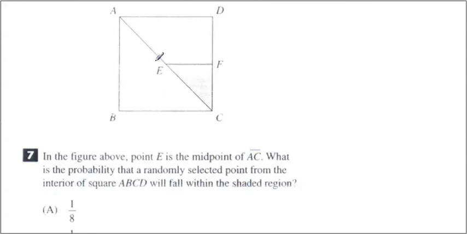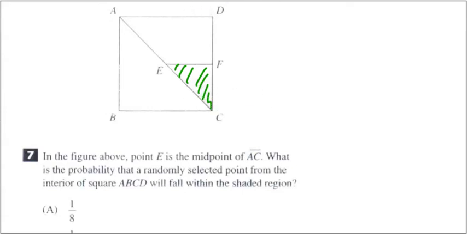So point E is the midpoint of AC, and what is the probability that a randomly selected point from the interior of the square ABC will fall into the shaded region? So I believe this is the shaded region. What do you realize about this section?